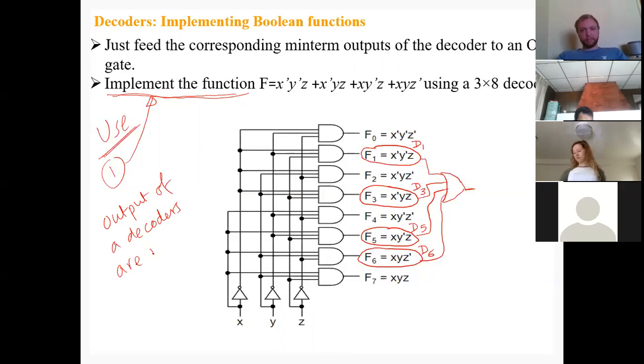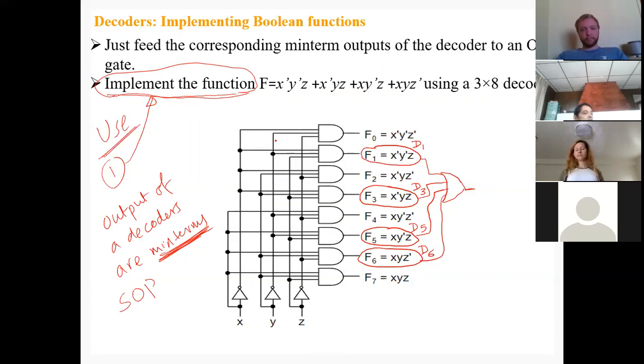So that makes me feel so good, because when you have min terms, remember what is the SOP? Any function can be written in terms of min terms, right? That's the SOP. So I'm excited now. Since the outputs of a decoder are min terms, I can use a decoder to implement any function.